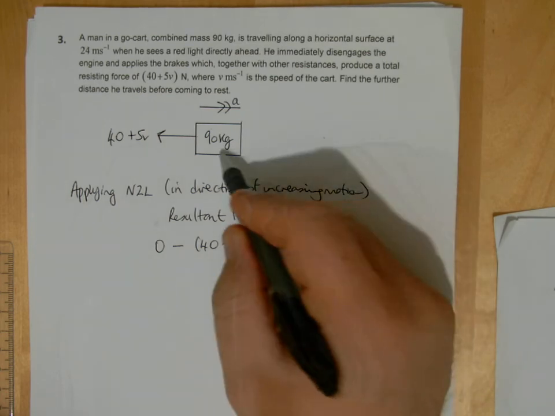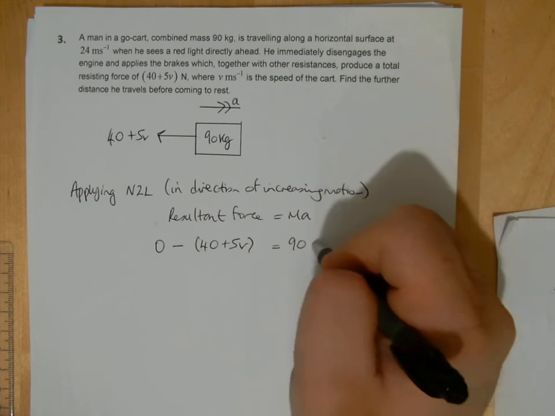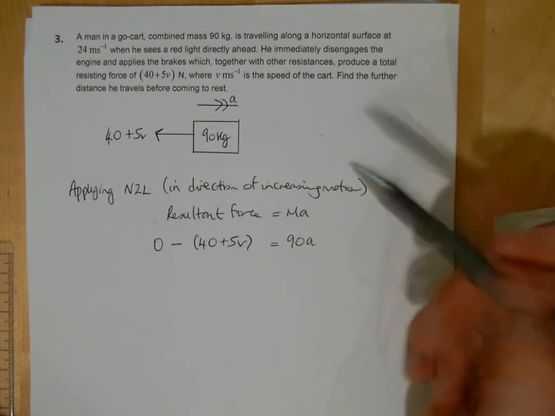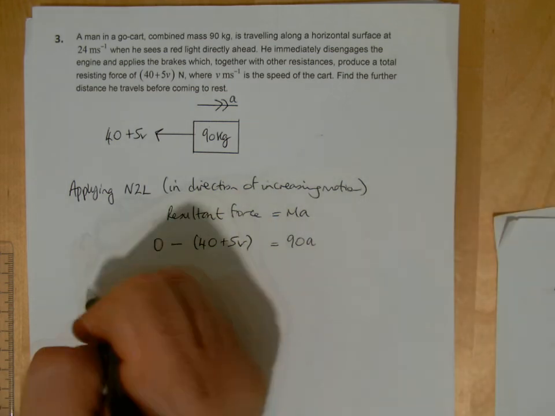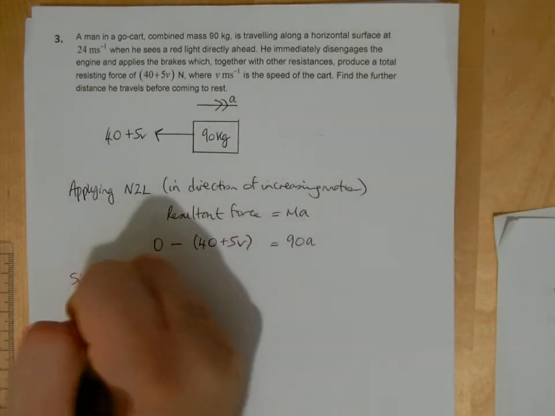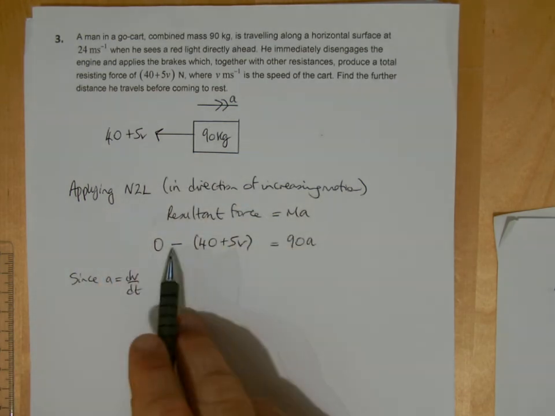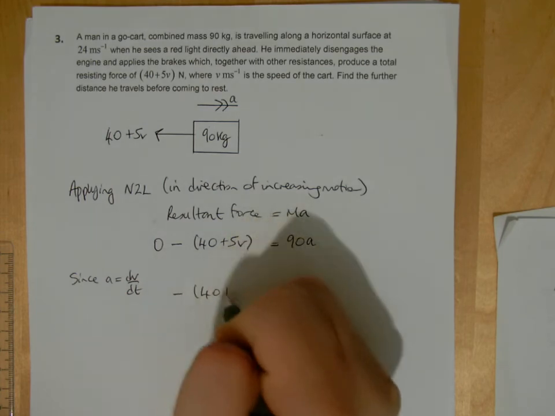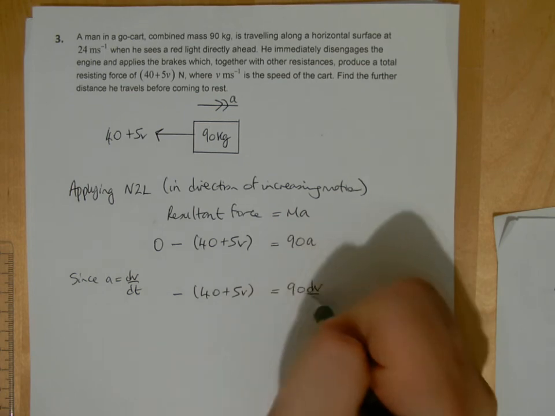And that will equal my mass, which is 90, times my acceleration, which is a. We are going to replace a with what we know a to be, which is dv/dt. So since a is equal to dv/dt, I don't need to write 0 anymore, I can just write minus (40 plus 5v) equals 90 dv/dt.